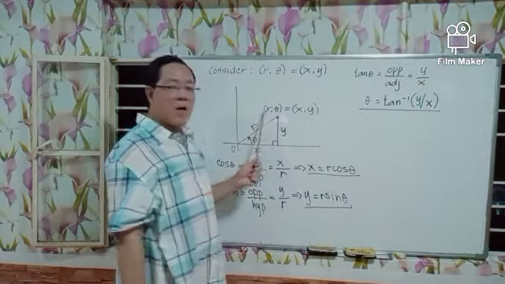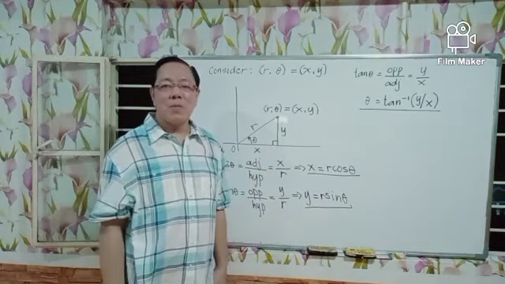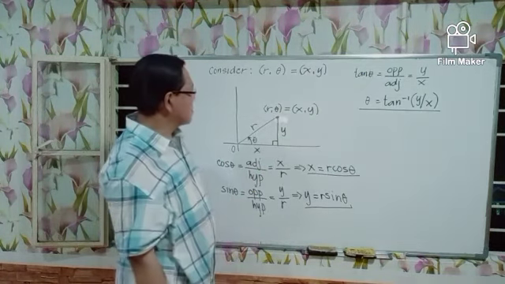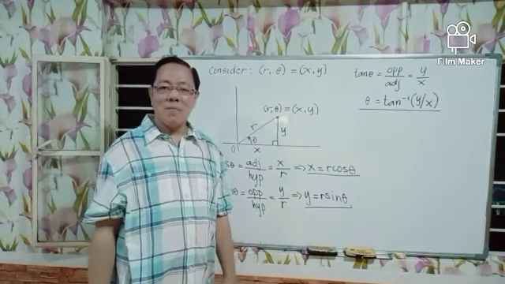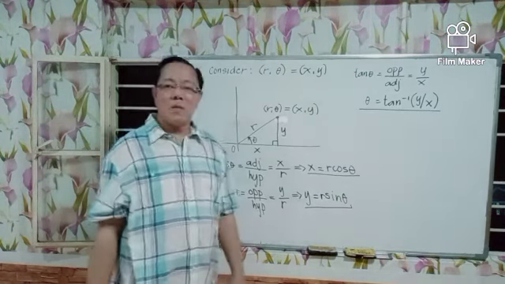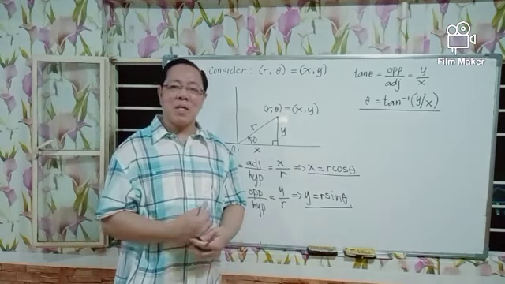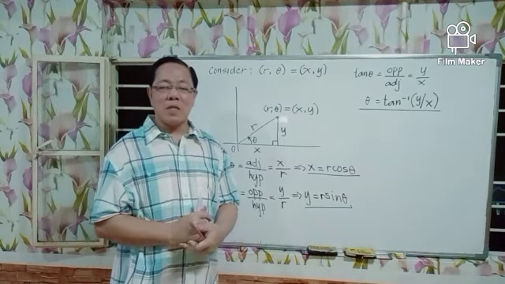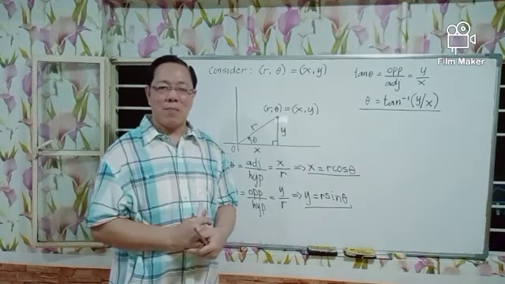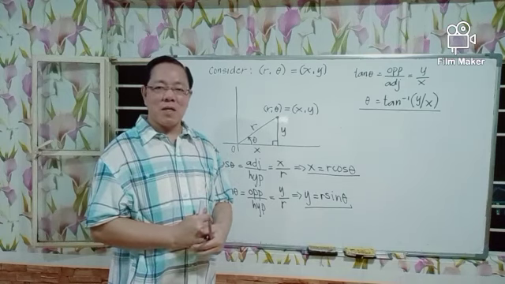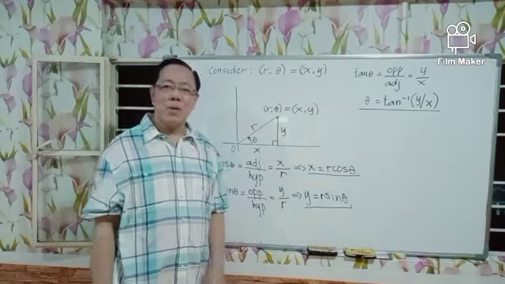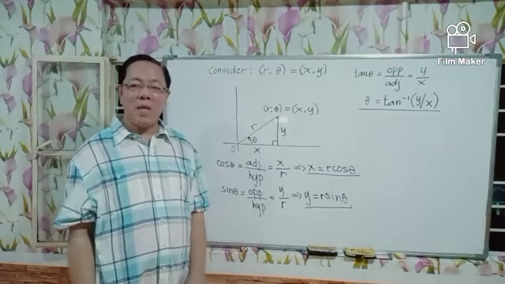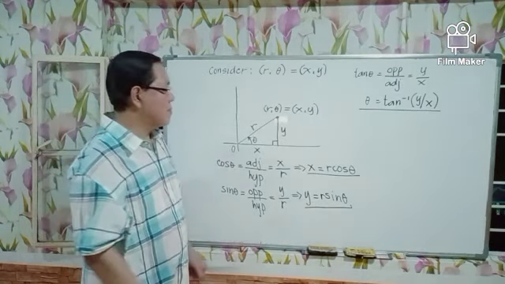And finally, we find an equation to find the radial coordinate, and we find it by simply using the Pythagorean theorem. The Pythagorean theorem says that the square of the hypotenuse is equal to the sum of the squares of the legs of the right triangle.